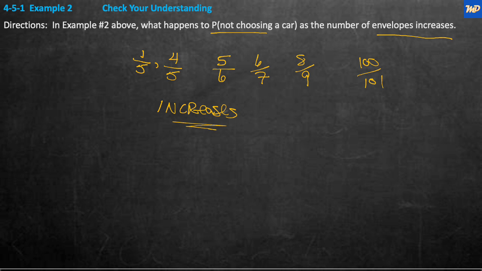How about the lotto games? They have millions and millions of tickets. The more tickets there are, the smaller the chances are of your single ticket winning that lotto. So you can think about that.